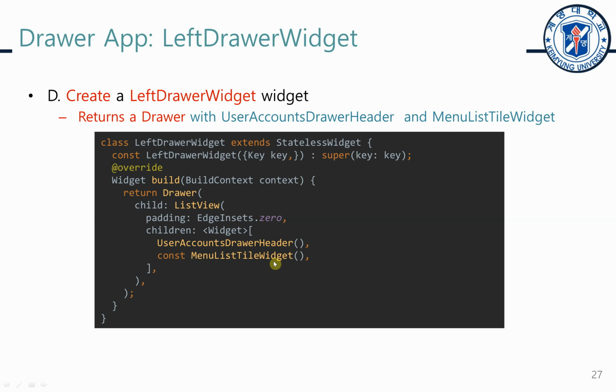Okay, and then we have to update the user account drawer header. This is not created by us. This is a property of drawer that we can use.